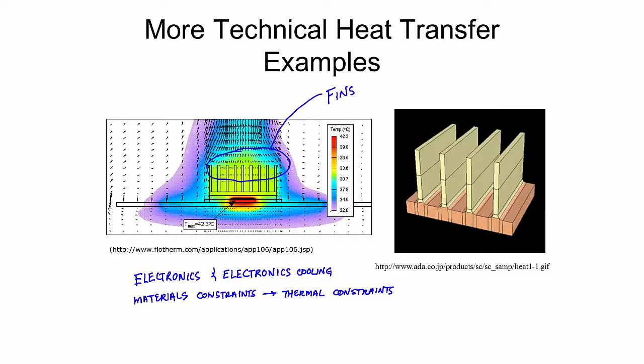And so by adding surface area to increase the heat transfer area, we can maintain or reduce the temperatures to some temperature below a critical operating temperature for these systems.